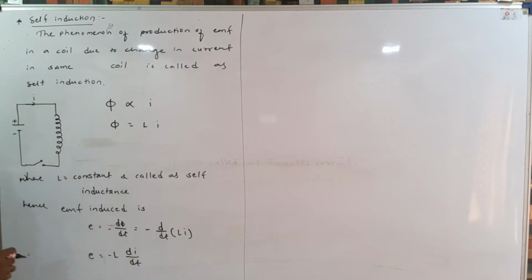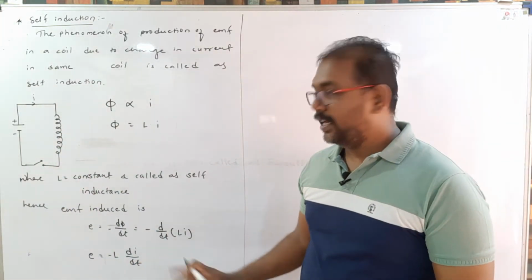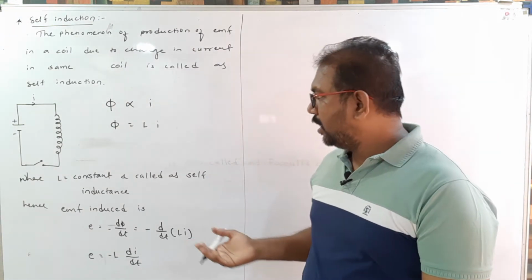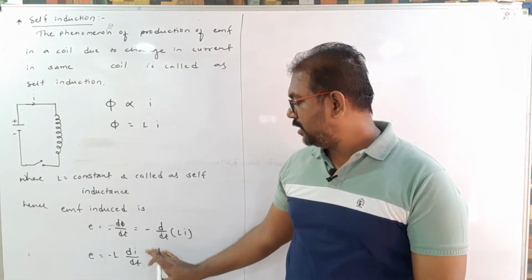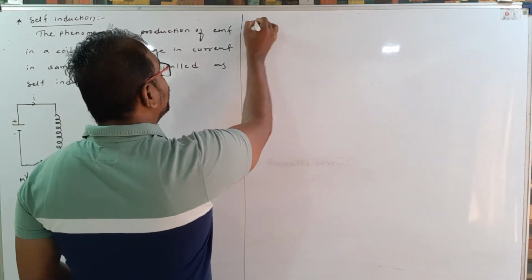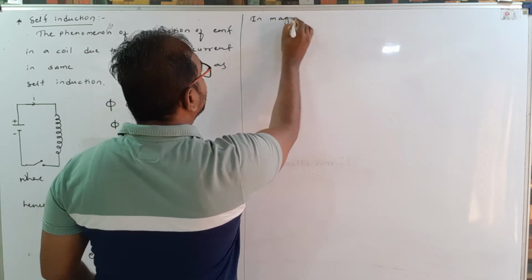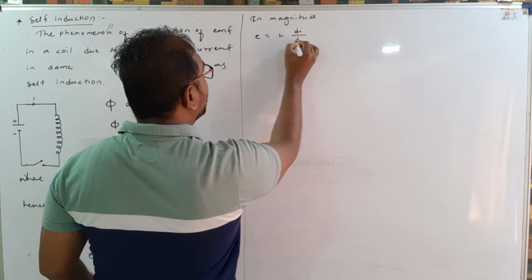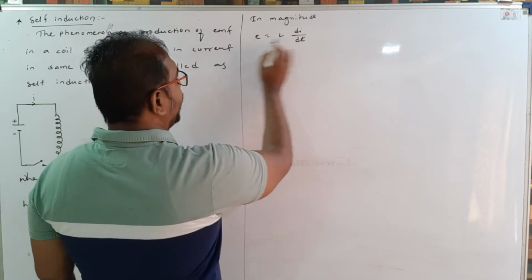So E is equal to minus L di by dt. In another word, this EMF opposes the change in current. So in magnitude, we can write E is equal to L di by dt.